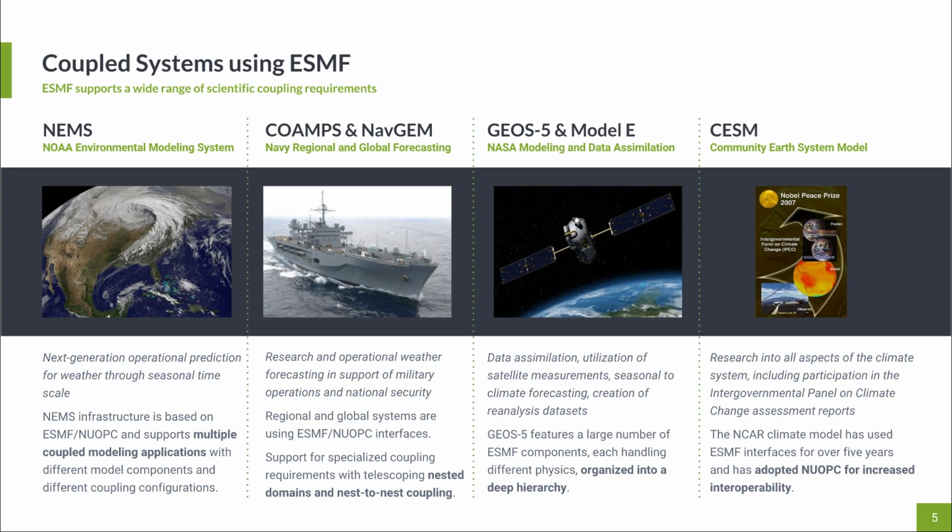At NASA, the GEOS-5 model and data assimilation system and the ModelE climate model are using ESMF. One thing that's interesting about the GEOS model is there's a large number of components. So they have broken out their atmosphere model into dynamics and physics as separate components.